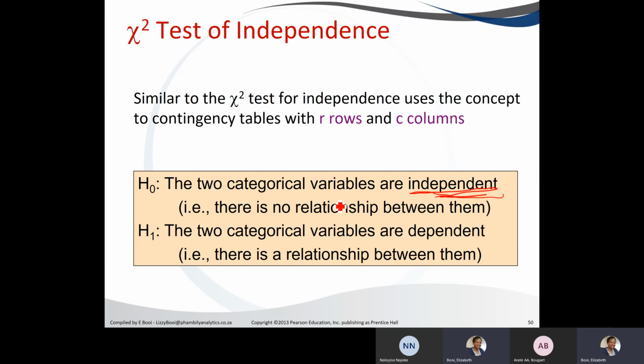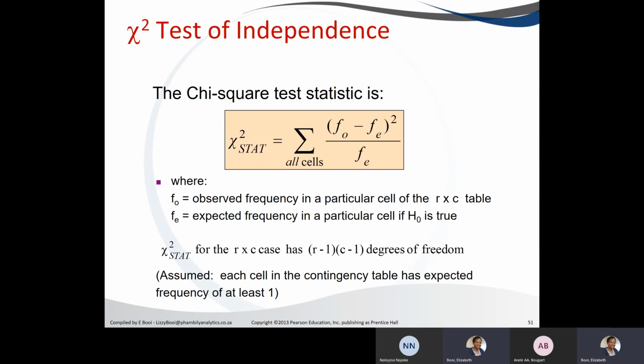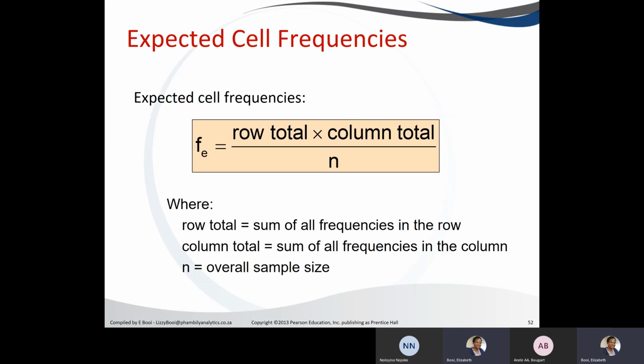And in your alternative hypothesis, you're always going to state that the two categorical variables are dependent. The test statistic for chi-square test, we use the sum of your observed value minus your expected frequency squared divided by your expected frequency. I will show you how to calculate the expected frequency just now.